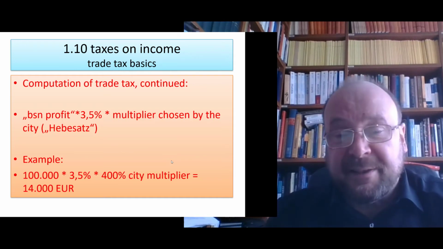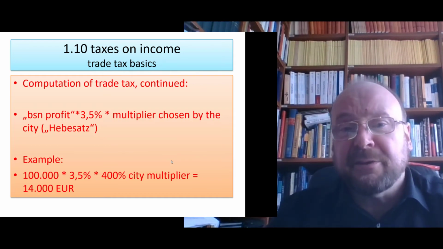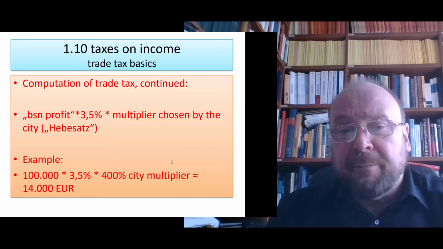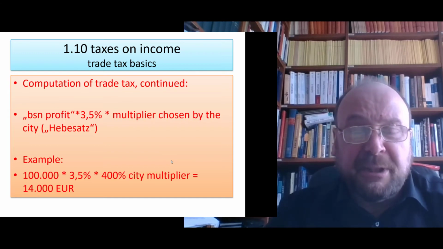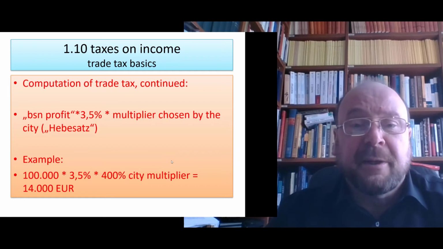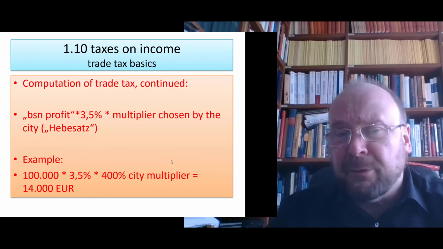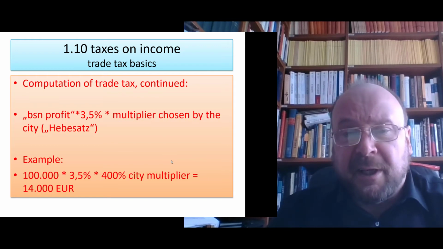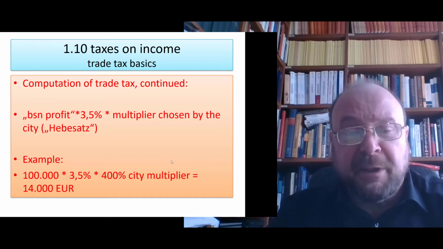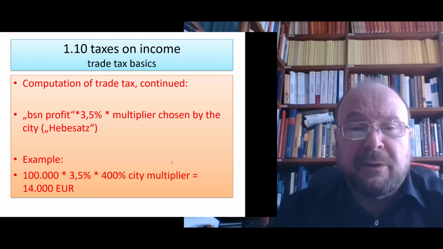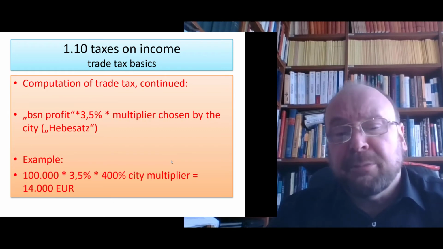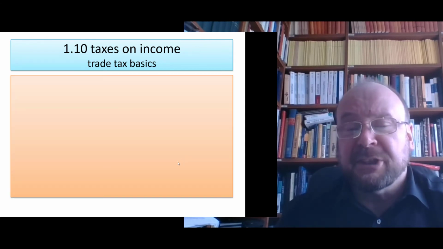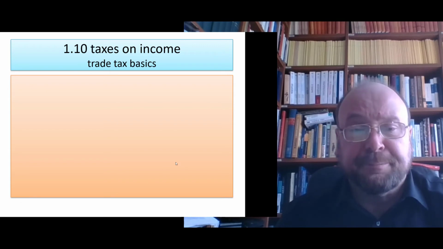Naturally, a city might set the rate to 410%, or it might be satisfied with 380. The lowest rate which you can find in Germany at the present time is 200%, which is still taken by 3, 4, or 5 cities throughout Germany. I don't know which cities these are, usually small, unimportant hamlets. The big cities usually get along or need some 400 or 450%, which is tolerable for the businesses which have to pay that.